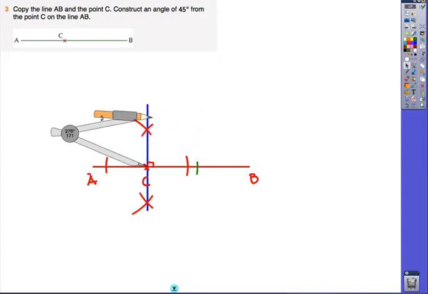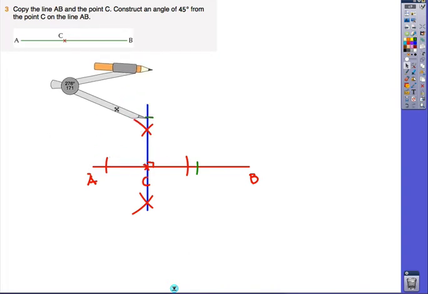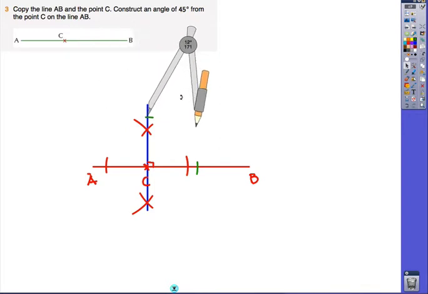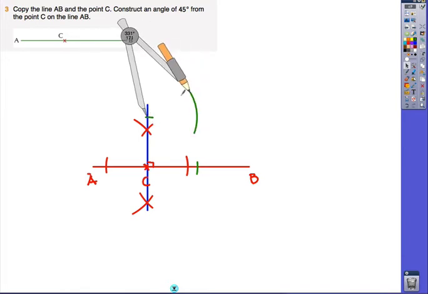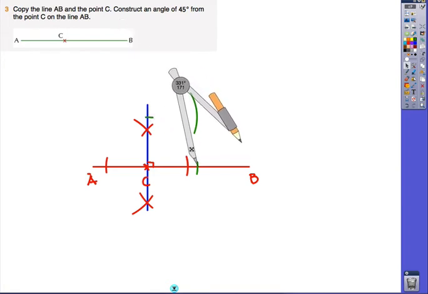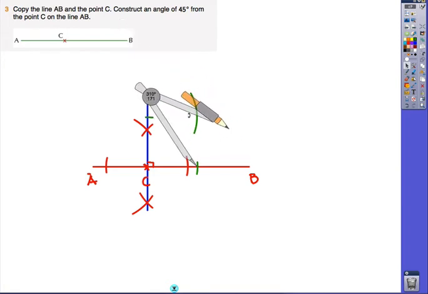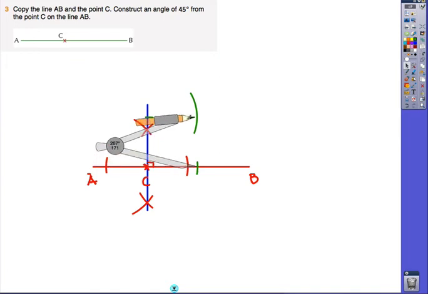Then draw an equal length arc right over here. So where they intersect is where we're going to put our needle. And you don't have to change the length of the arcs when you put it onto the equal intersections. However, make sure you keep them the same. Draw one arc there. Move your needle onto the other side and draw another arc right there.